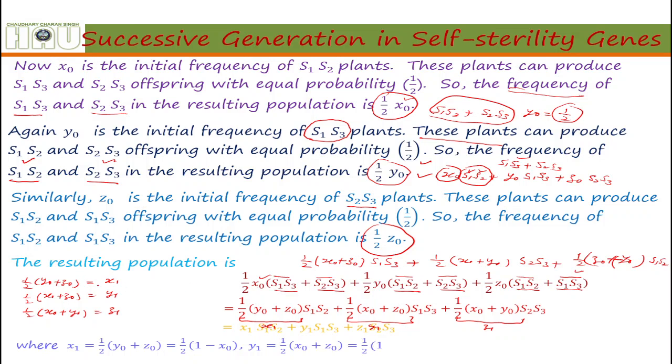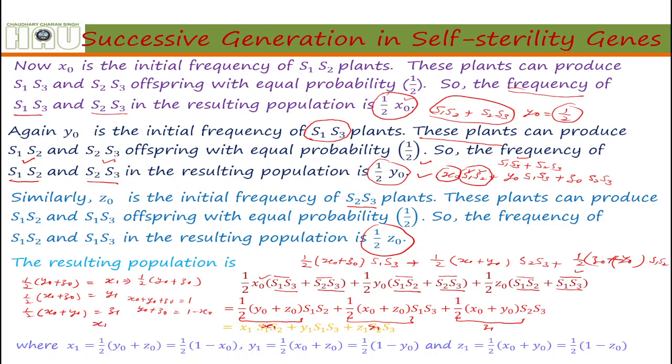Now if I take, say, from this case, X1 can be written as half of Y0 plus Z0, right? And we know that X0 plus Y0 plus Z0 is equal to 1. So what is the value of Y0 plus Z0? It is 1 minus X0.